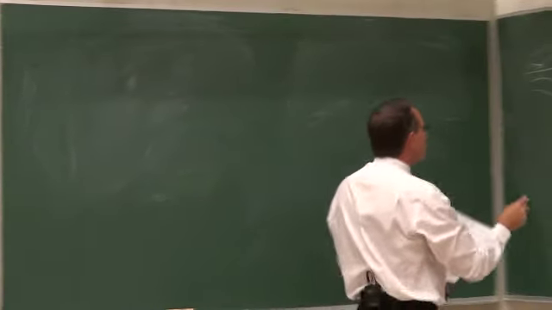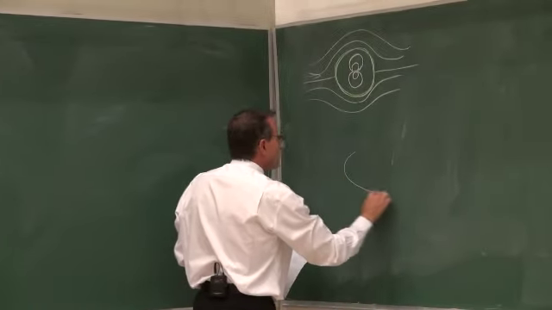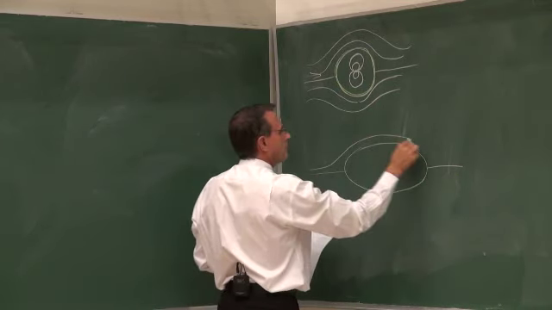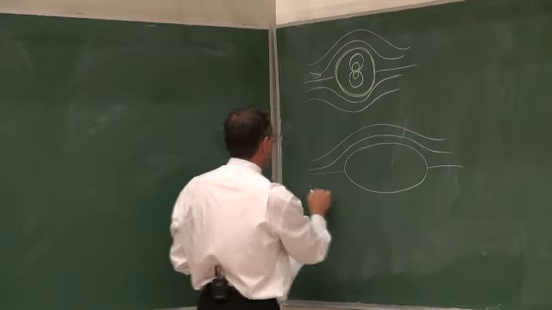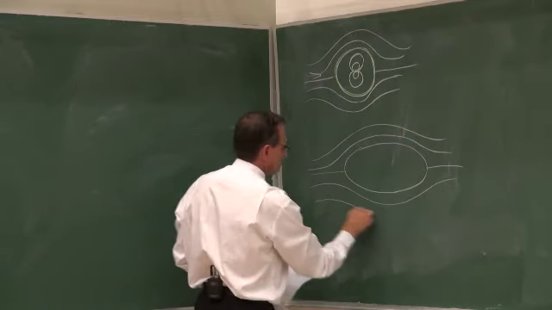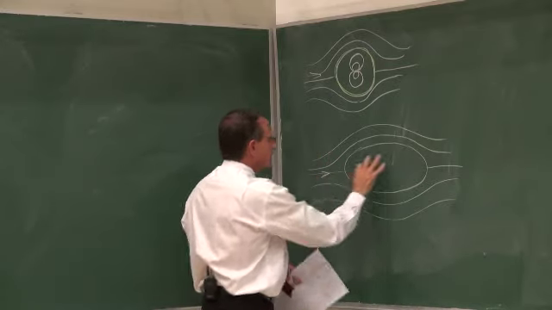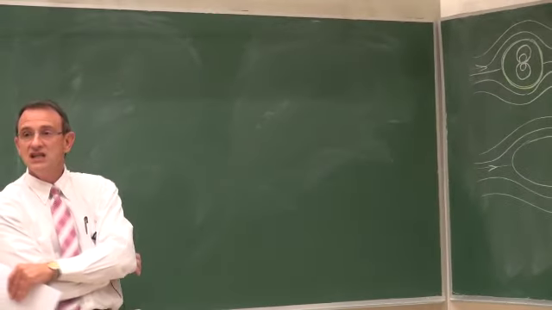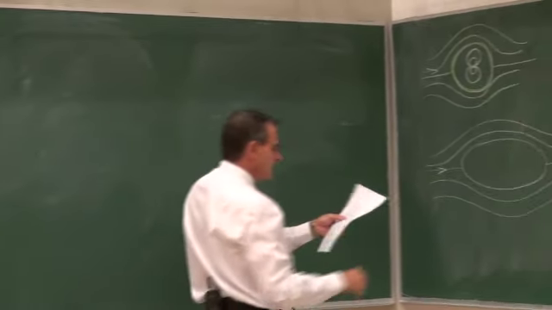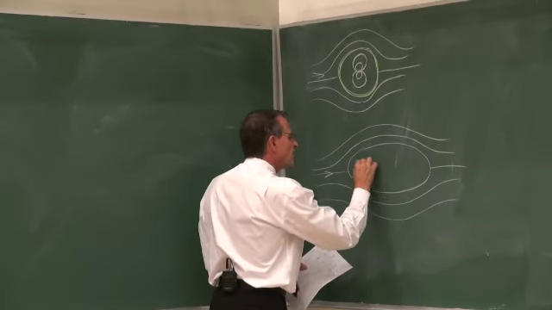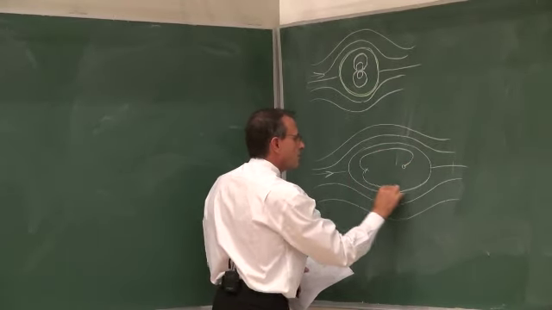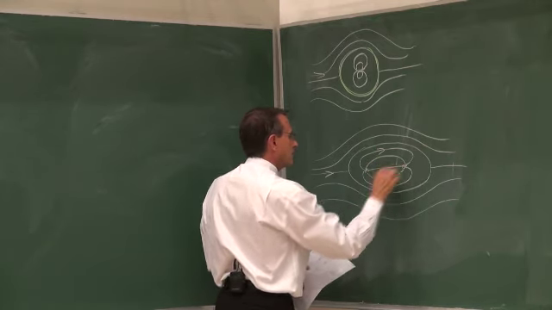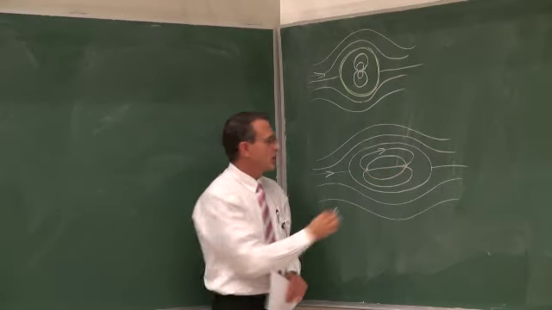The other type of flow field looks like this. It forms an elliptical object, something like this. Again, I draw the elliptical object first so that it's easy to identify. And then here on the inside, it looks like this. What would give that to us?